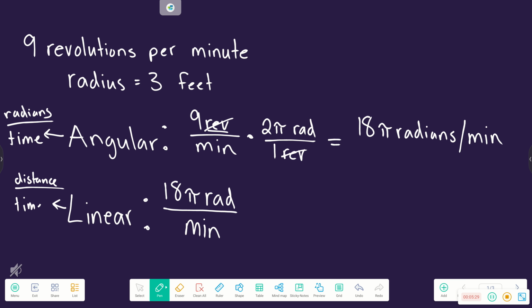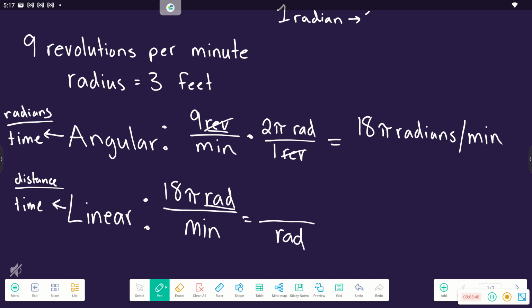That is not radians. So I know I have to eliminate radians. Now, we haven't talked about this in a minute, but remember, 1 radian is referring to the distance around the circle.